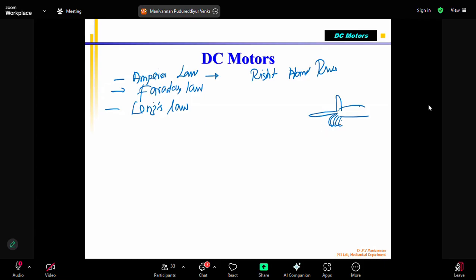Each one is perpendicular to the others, at 90 degrees. If the thumb represents the current I, and the index finger represents the magnetic flux, the direction of the field magnet, then the force generated will be perpendicular to both of these. That's what the remaining three fingers represent.